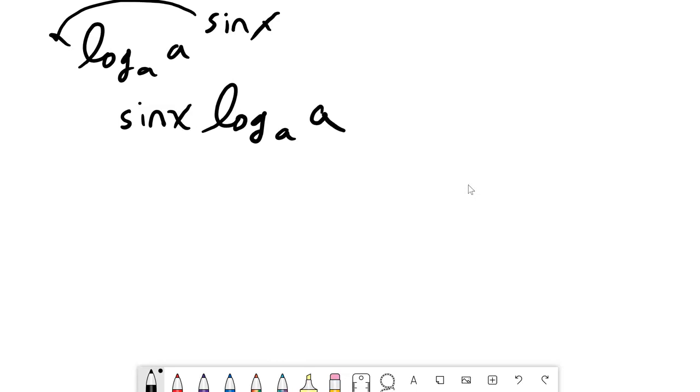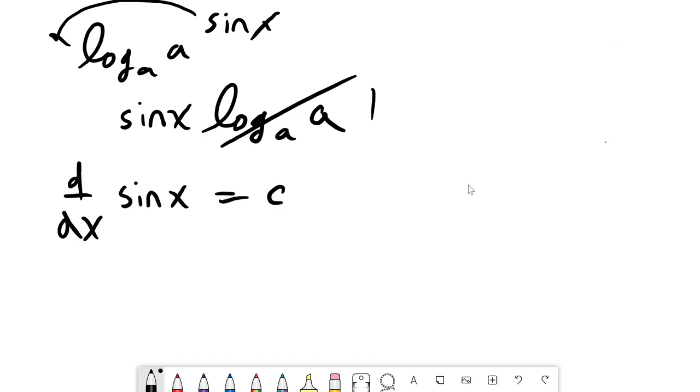Notice that we have the same base and the same entry, a. There's a property that says if you have the same base, it goes to 1, because we can even verify it. If we change to exponential form, a to the first power is equal to a, that makes sense. So that's the trick. This goes to 1, and we're actually just finding the derivative of sine.